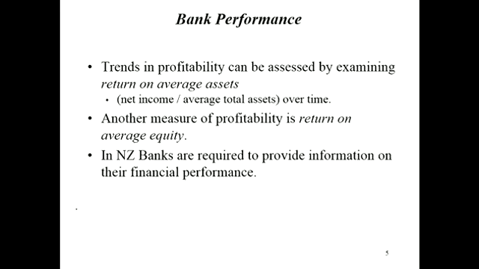This is the average across all New Zealand banks, and our banks are earning about 1.4% on the assets they have. We can compare that to the OECD median. This number is structured so that number 1 is the best in the OECD and number 26 is the worst. In terms of return on the assets, New Zealand ranks about 8, so we're reasonably well up there in comparison with the rest of the OECD.